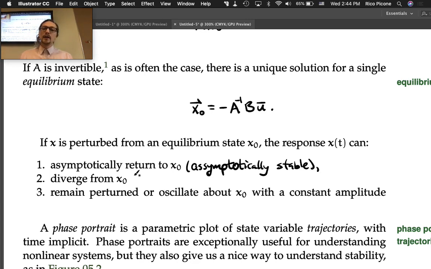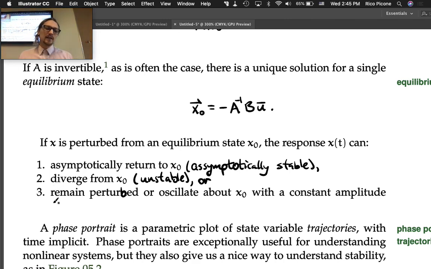It can diverge from the equilibrium state, and in that case we say that the system is unstable. Or the third possibility is that the state can remain perturbed, or oscillate about x naught with a constant amplitude.